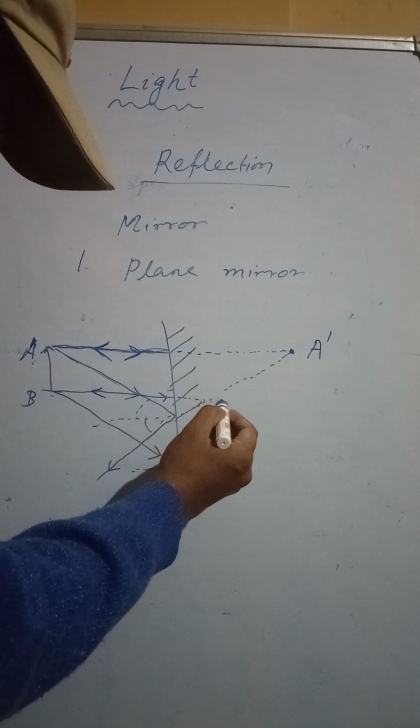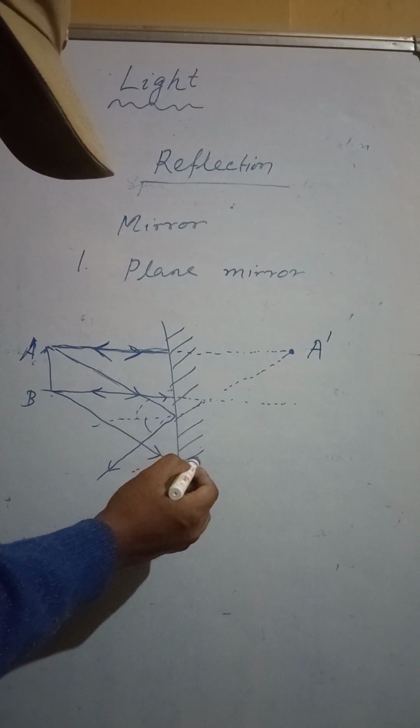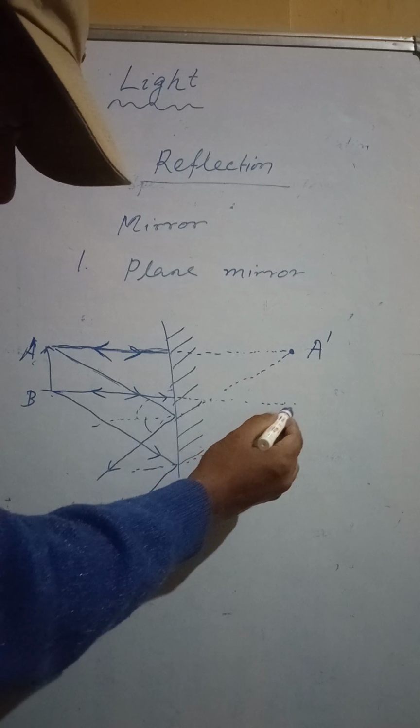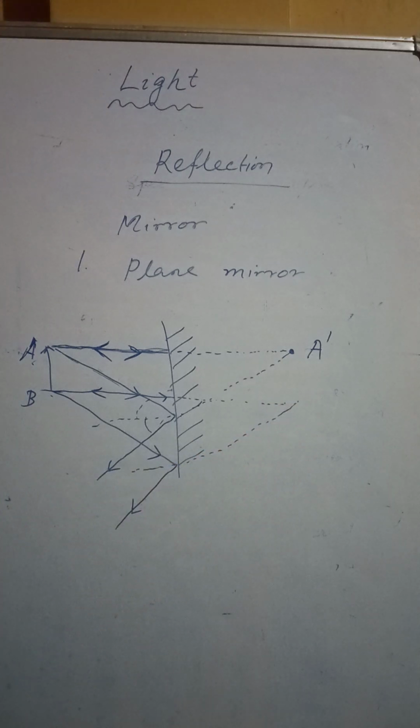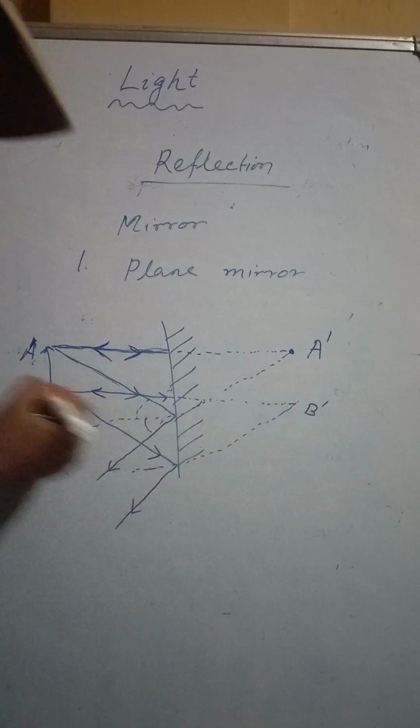If I extend these, I get the B dash point for B.